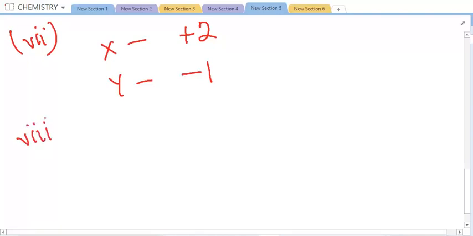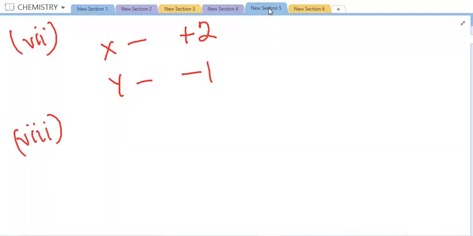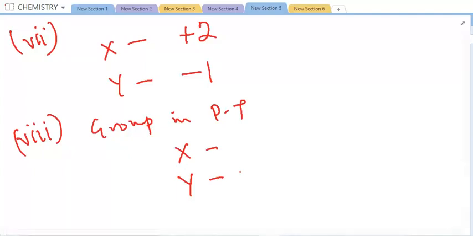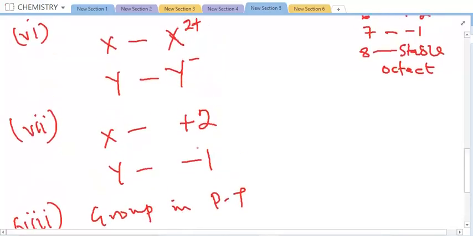Number 8. Group in the periodic table. Now, to which group in the periodic table does the element belong? The group to which an element belongs in the periodic table is always equal to its valency electron. So if you look at it, what is the valency electron for X?